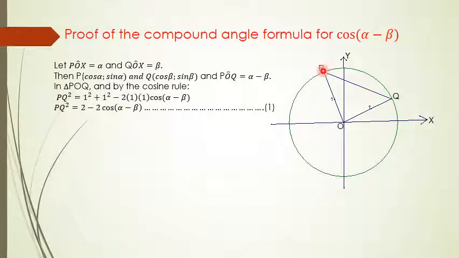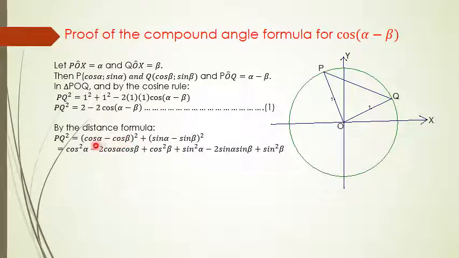Now we can also find the distance PQ using the distance formula. So by the distance formula, PQ squared is equal to the difference between the x coordinates, that's (cos alpha minus cos beta) all squared, plus the difference between the y coordinates squared, which is (sin alpha minus sin beta) all squared.